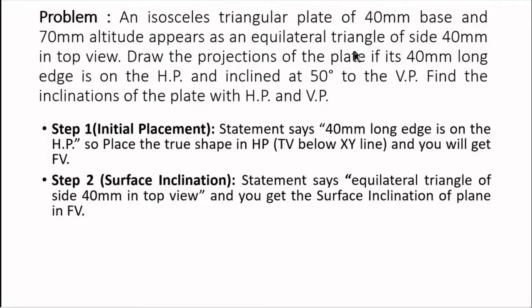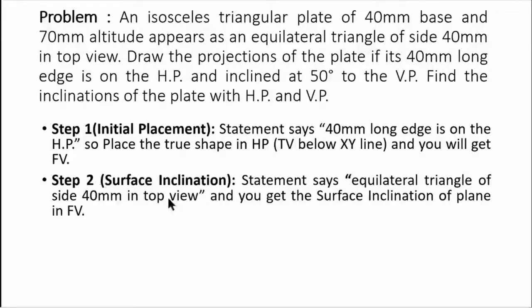In step 2, we find the surface inclination. Since there is no angle mentioned for inclination with HP, I use the statement equilateral triangle of side 40 in top view. So the apparent shape is an equilateral triangle appearing in top view. So I will get the inclination in the front view, that is the inclination with HP.